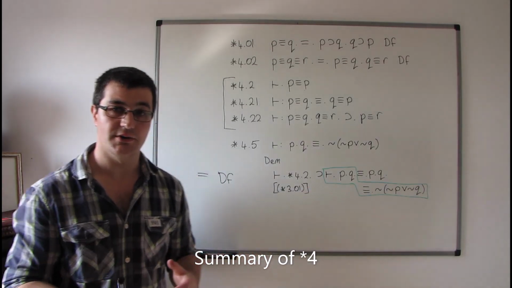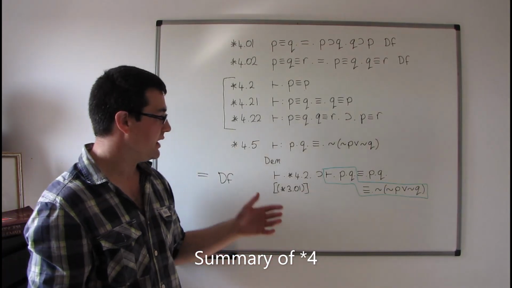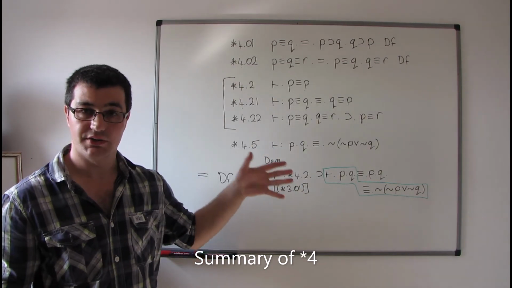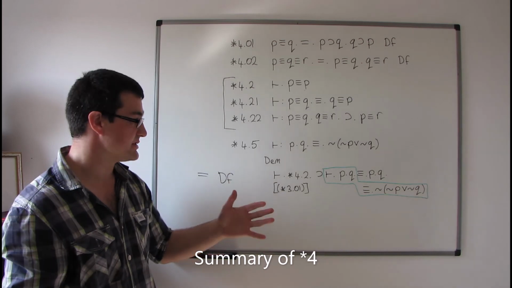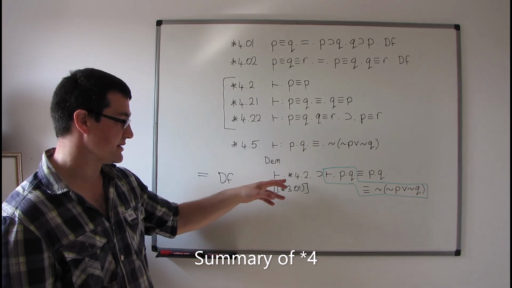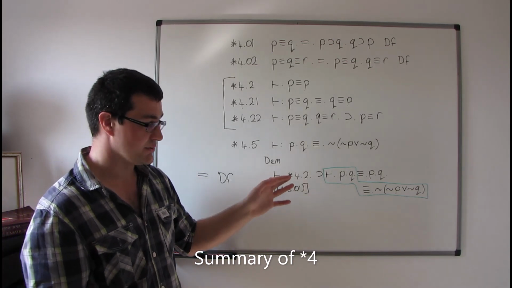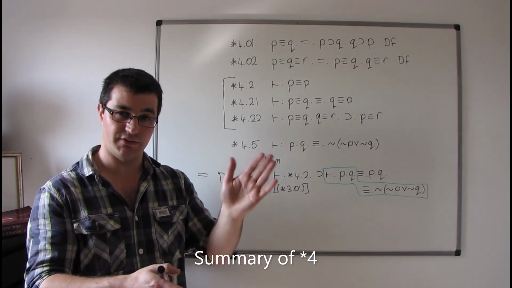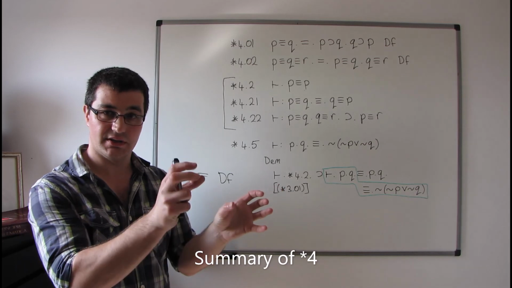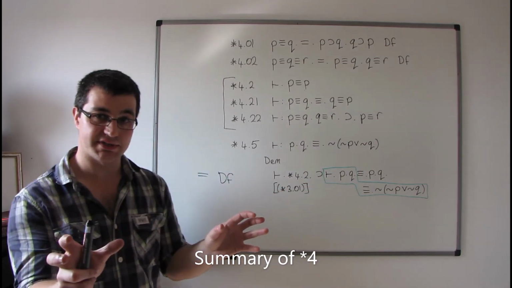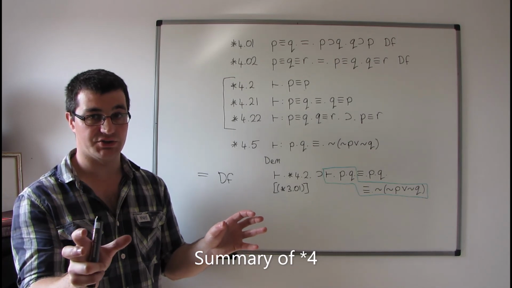And I can do this for any definition involving elementary propositions. So I could have done this for the definition for implication, for instance. Same sequence of steps basically. You start with 4.2 to make a particular assertion that a proposition is equivalent to itself, and then replace one side with the appropriate definition.